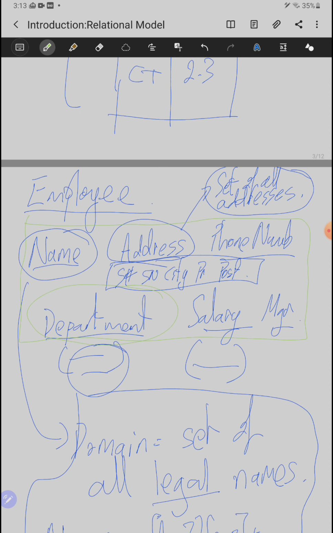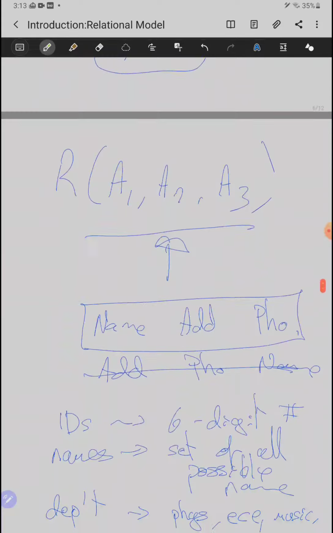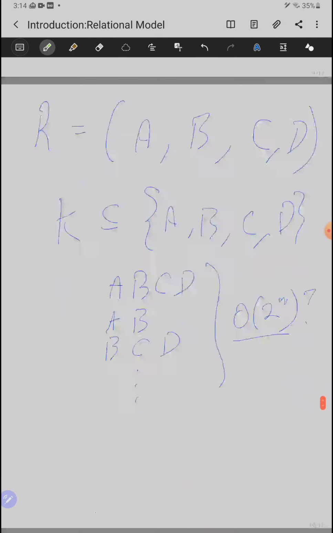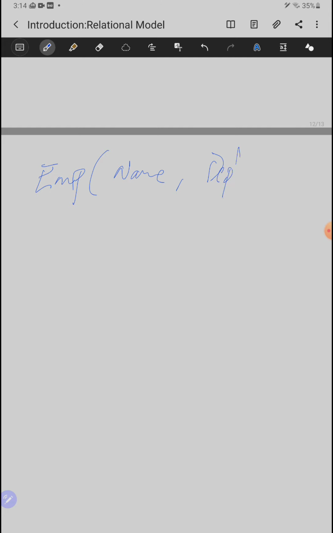Okay? One of the attributes was department. Well, let's think about that. Employee, name, department.